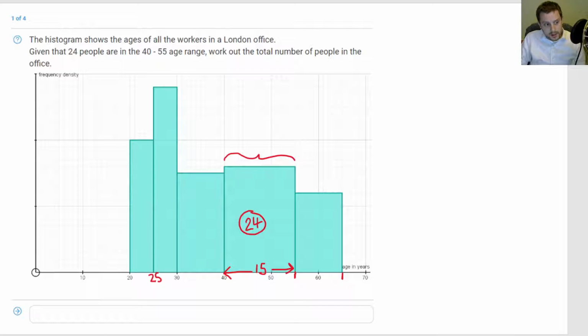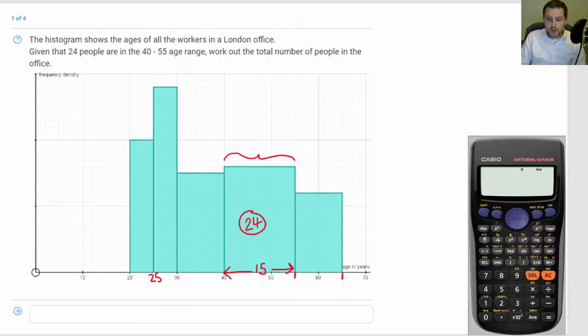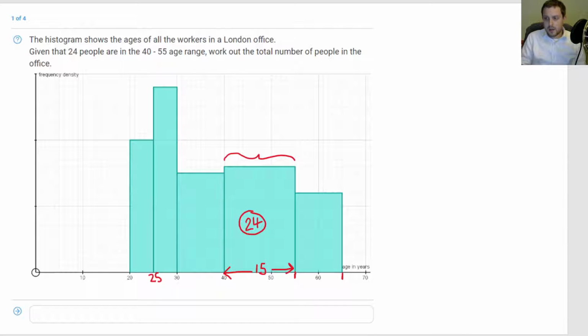So I'm going to load up the calculator and do 24 divided by 15. And then as a decimal, that's 1.6. So what that means is that this rectangle here is 1.6 tall.